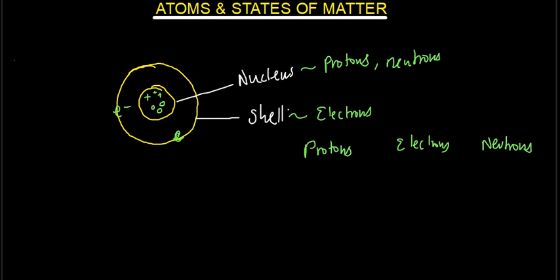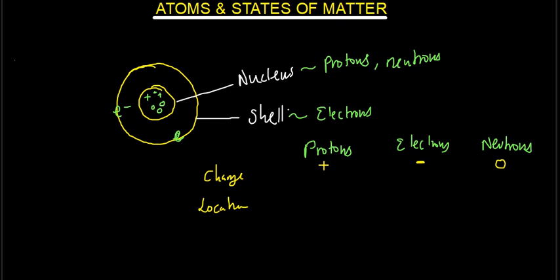Now I'm going to talk about their charge and also their mass. So starting with charge, as we have said, protons are positively charged, electrons are negatively charged, and then neutrons don't have any charge. They have got a charge of 0. Where are they found? Their location.